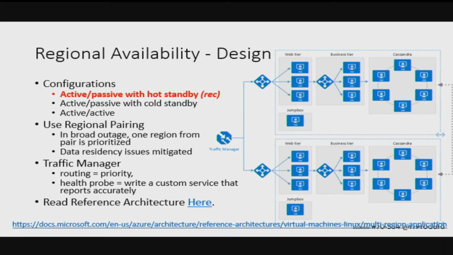And because I'm using Traffic Manager, I don't have to really update my DNS or anything like that. Active-active is where I could load balance between both of those regions, right? And there I can use another one of the routing options. I could use something like performance, where my users on the West Coast can use the West US, and my users on the East Coast can use the East US, and Traffic Manager takes care of that for you.